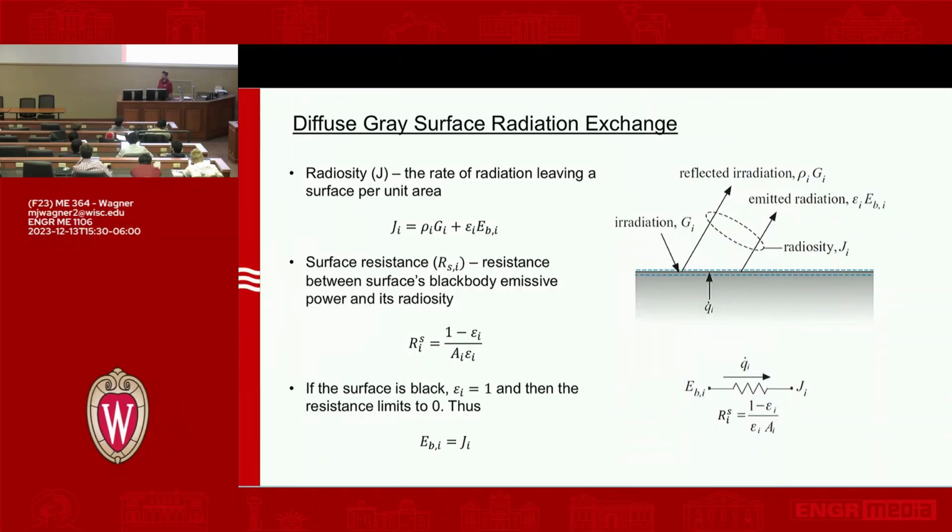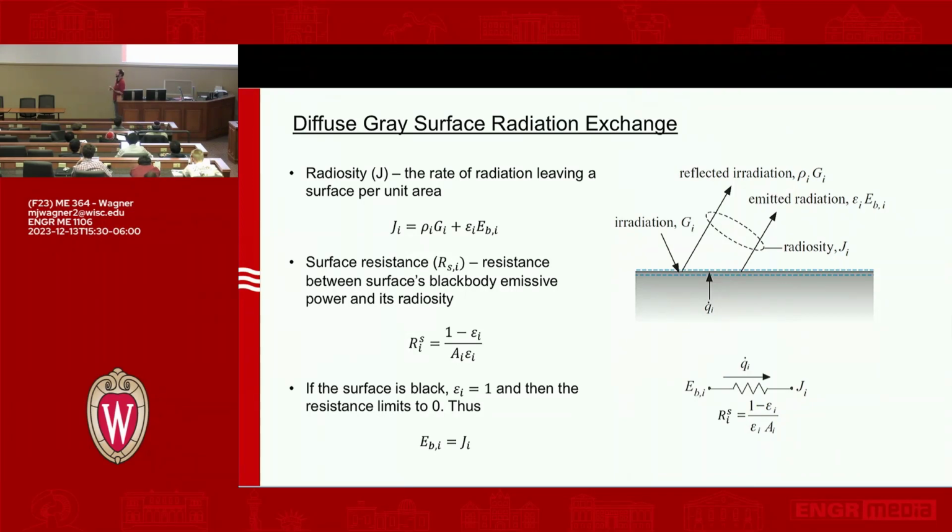All right. And then I think this is second to last one here. So diffuse gray surface radiation exchange. So what we did then was we took this idea with emissivity not equal to 1. And in order to account for the fact that light is reflecting from surfaces, not just being emitted, it's also going to be reflected and then go to other surfaces, we introduced this idea of radiosity.